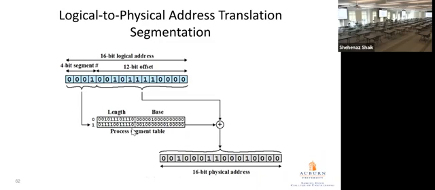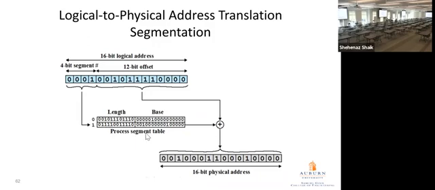Now, if we compare the 12-bit offset of the logical address with the length part of the second row here in the segment table, we can see that the offset is less than the length entry. In other words, the offset is in fact referring to a valid location within the particular segment.